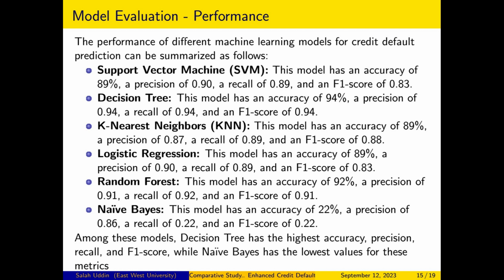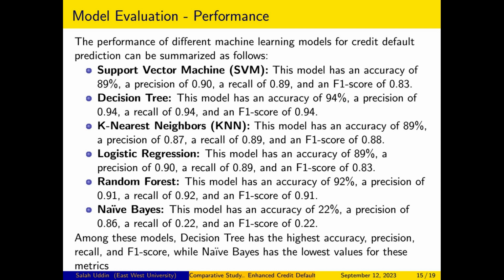KNN model has an accuracy of 89%, a precision of 0.87, a recall of 0.89, and an F1 score of 0.88. Logistic Regression model has an accuracy of 89%, a precision of 0.90, a recall of 0.89, and an F1 score of 0.83.